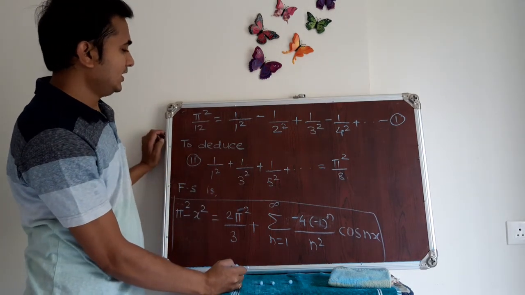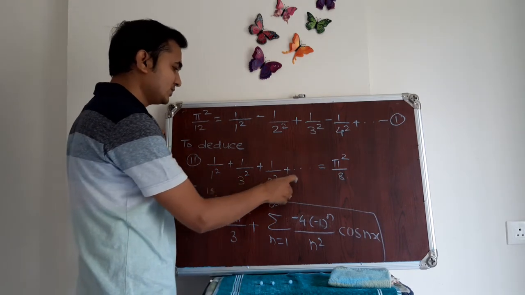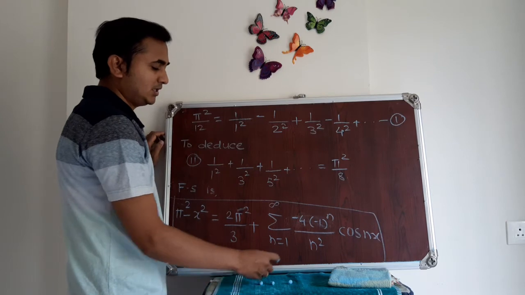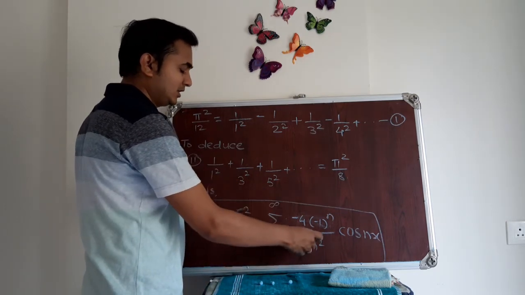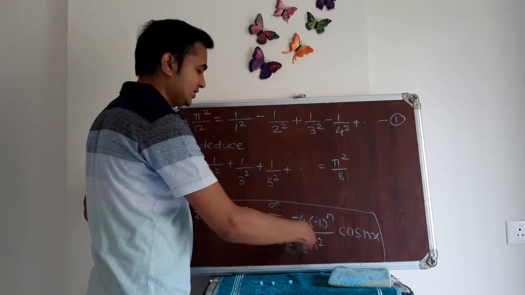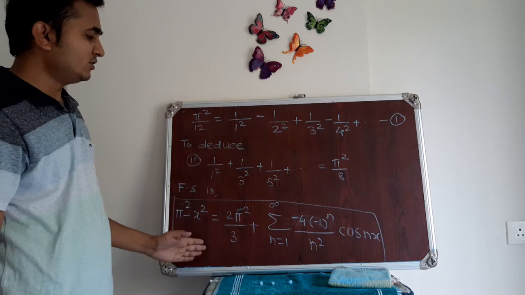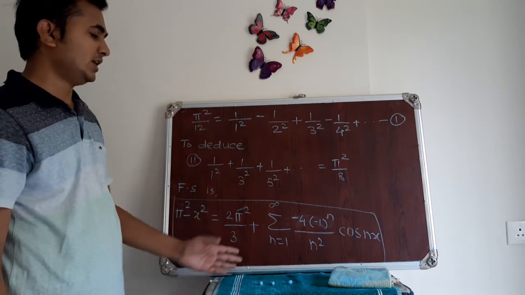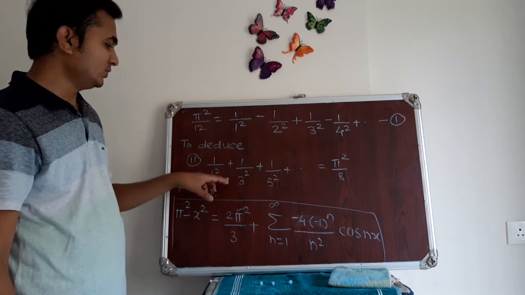Now the thing is, here there are 1, 3, 5, 7 and so on, but here all n's are involved, that means 1, 2, 3, 4, 5, 6 and so on. So we need to find another series expansion which will lead to this.